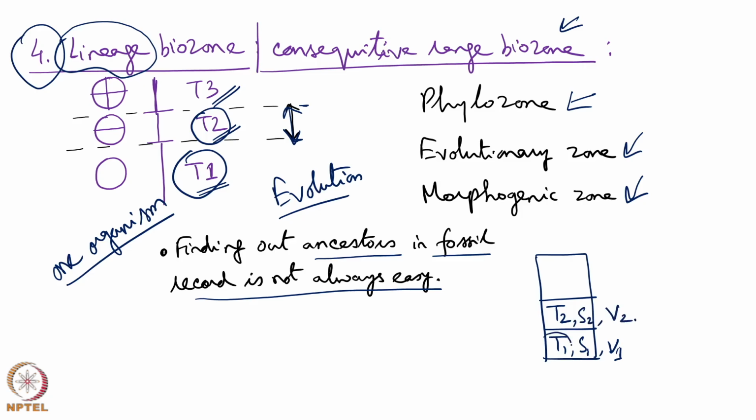By the way, I have put here the letter T, but you never know whether this T1 is correlated with this T2 or with S2. There can be fossils of similar morphology, but they are of different species. These things create a lot of trouble. So, none of these biozones, whatever I am defining and going to refer, are perfect.